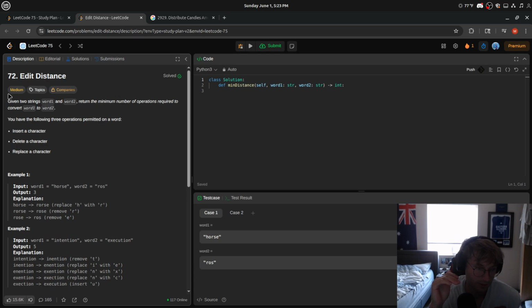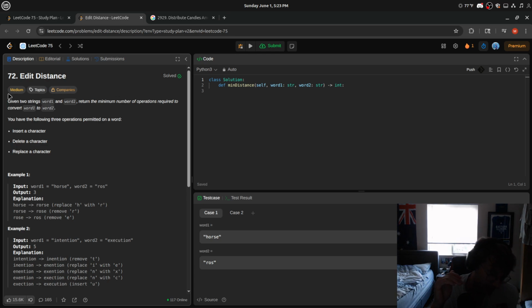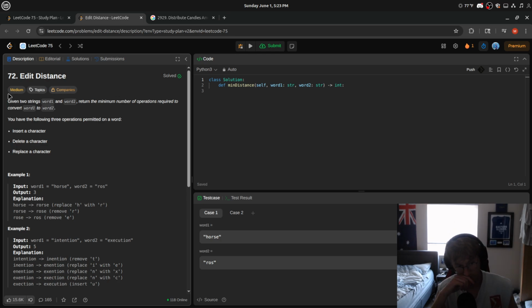Replace H with R. So how do we know to replace H with R, though?